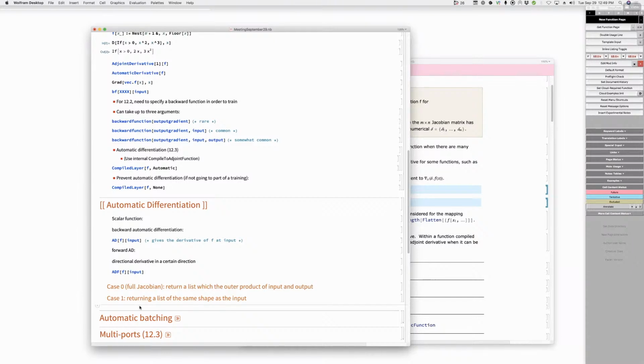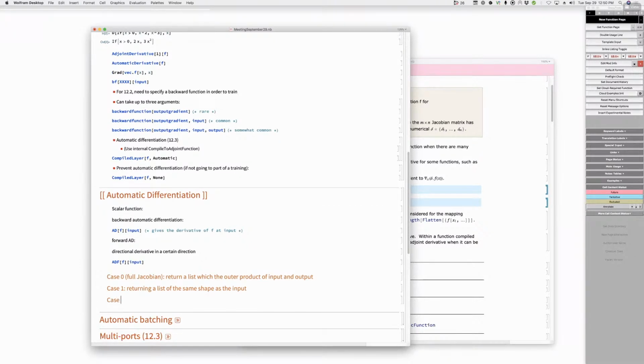Okay, case two is the case where it takes a direction in the input and returns a list of the same shape as the output.